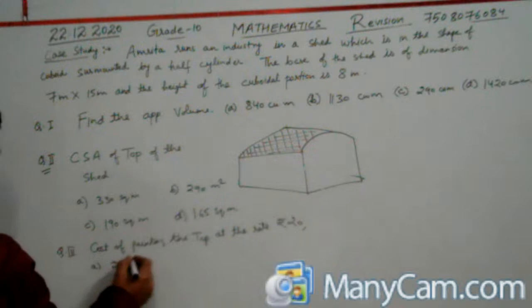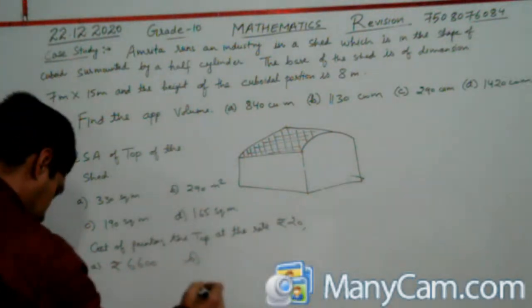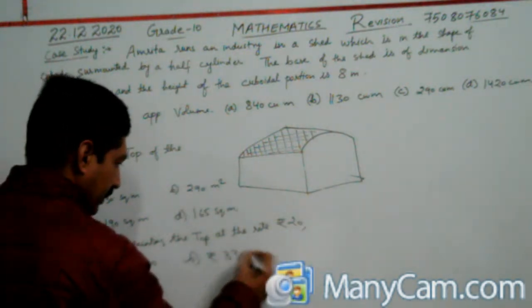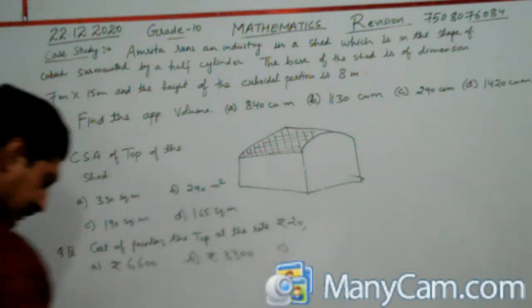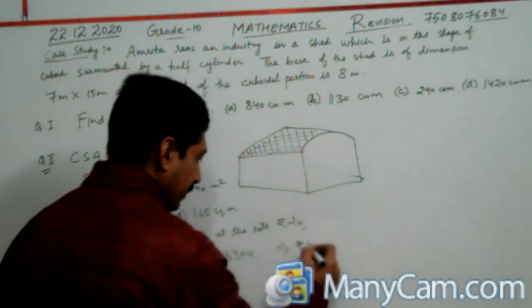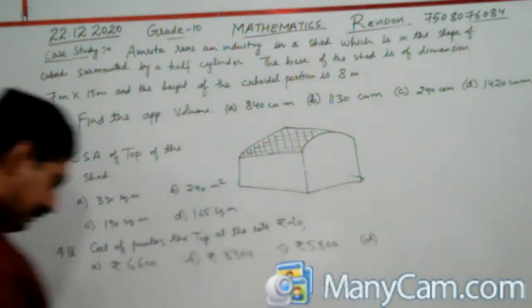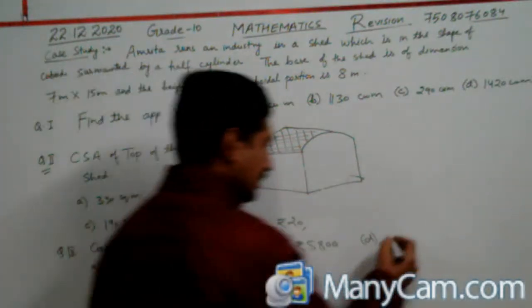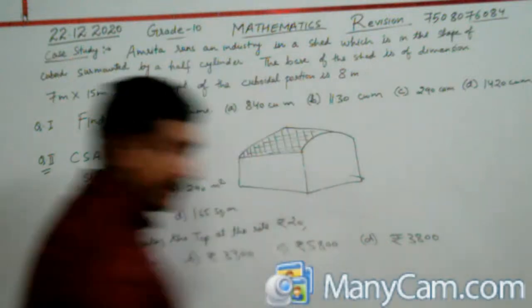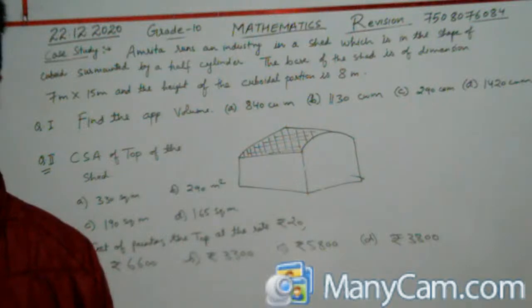Rs 6600, B Rs 3300, C that is Rs 5800, and D part that is Rs 3800. One more part is there, so let me first discuss here.